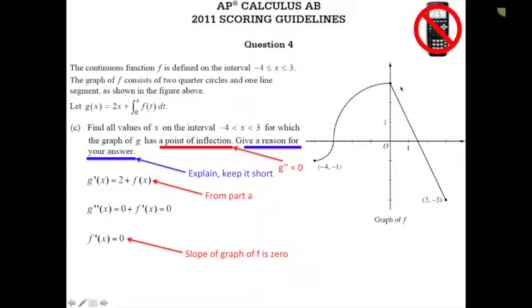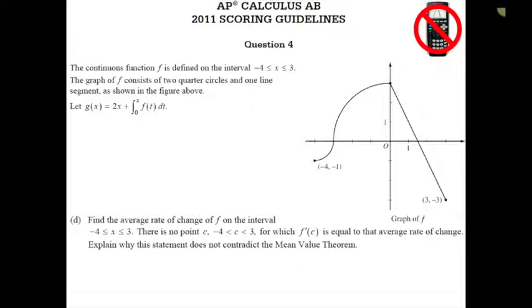So here we have 0 slope, we have positive slope over here and negative slope over here, so we must be going from a smile to a frown. So when x is equal to 0, we have a horizontal tangent, so we know the slope of the graph is 0. That is our explanation as to why we know that there's a point of inflection at x equals 0.